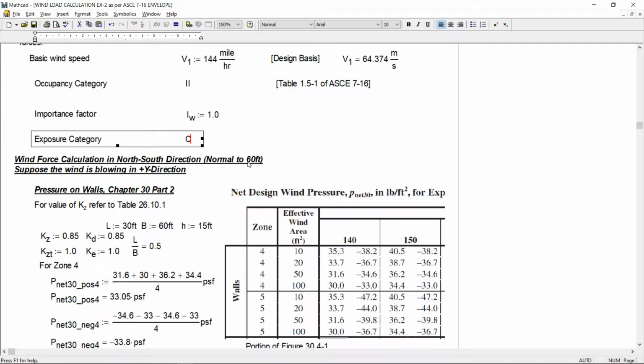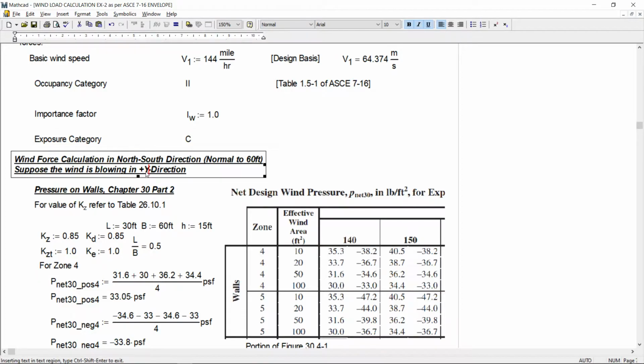Let us assume that we are going to calculate the wind force which is normal to the 60 feet side, and that means suppose the wind is blowing in the positive y direction. This is for the SAP convention. Now I am going to use STAAD just for demonstration purposes. So that should be in the positive Z condition. So let me change.